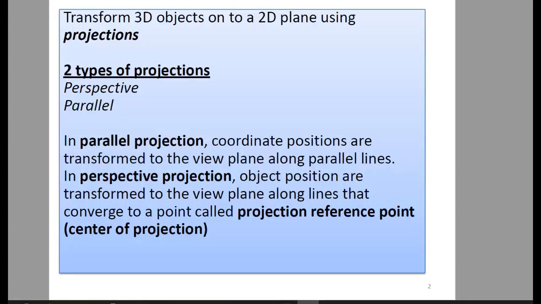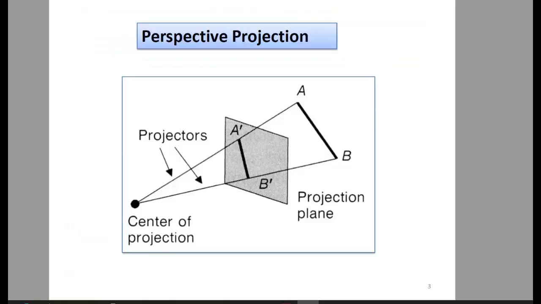In parallel projection we have lines parallel to the viewing plane, and in perspective projection we have convergence to a point. What does that mean? Here is the perspective projection. This is my object, for example AB, and this is the projection plane, and these are the projectors, the rays of light which emerge from that object.